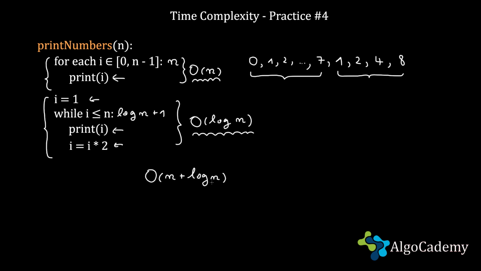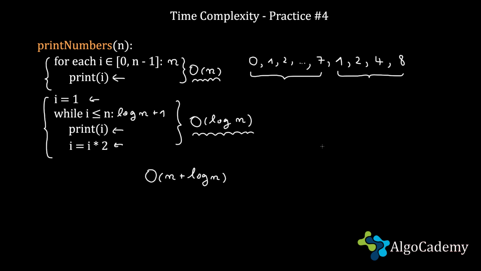But that is not correct. And we know why, right? Because this is a polynomial, or an expression, however you want to call it. And when we have an expression which consists of multiple terms, each of them depending on n, we are going to take only the biggest one into consideration.